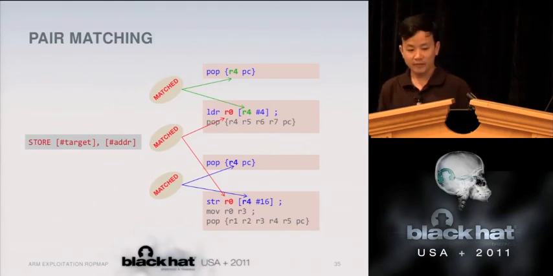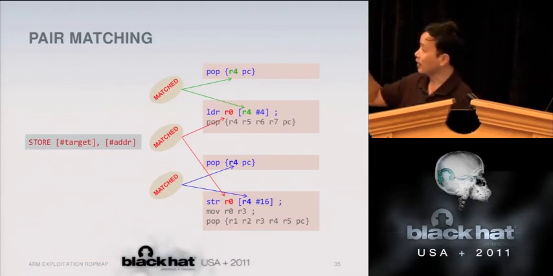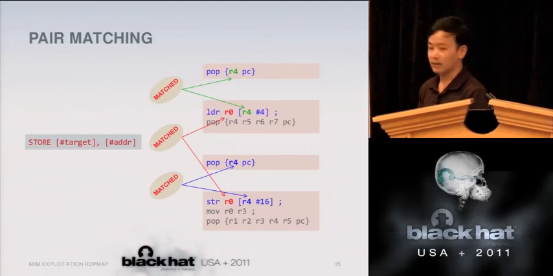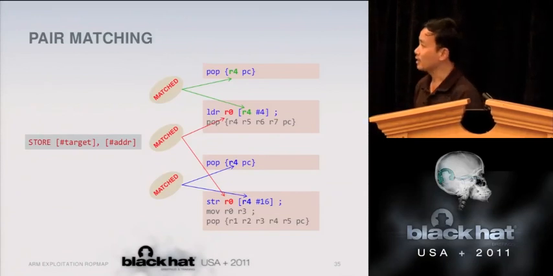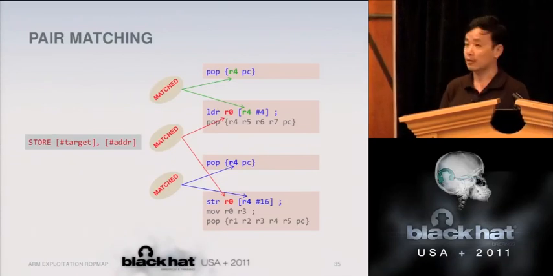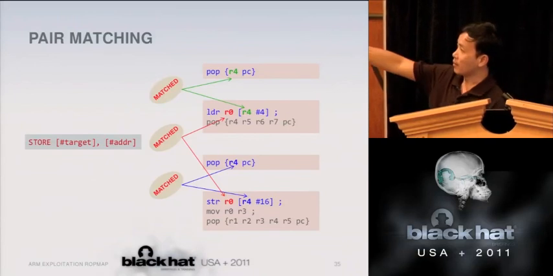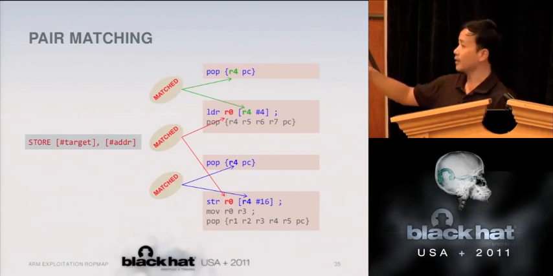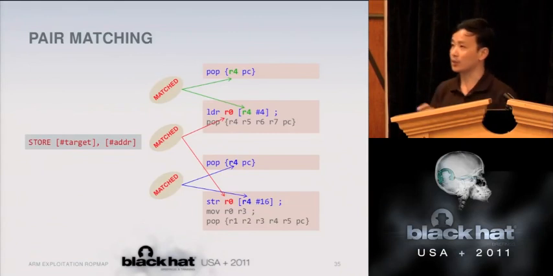Then we move up. We know that we have to load a value to R0 so it can be used in the last store instruction. In our candidate list, we find LDR R0 from R4 plus 4. So we have a pair match here: the left-hand side, R0 of the second instruction, with the fourth instruction.